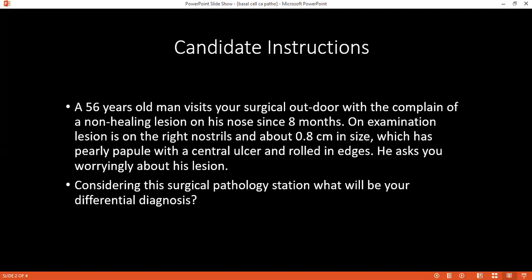So here we'll have to see whether there is margin involvement, then depth of invasion, the type of the histologic variant of the disease, how much it has spread, any ulceration, any palisading, perineural and perivascular invasion, and also aneuploidy and expression of P53. So you'll do the tumor markers for that.